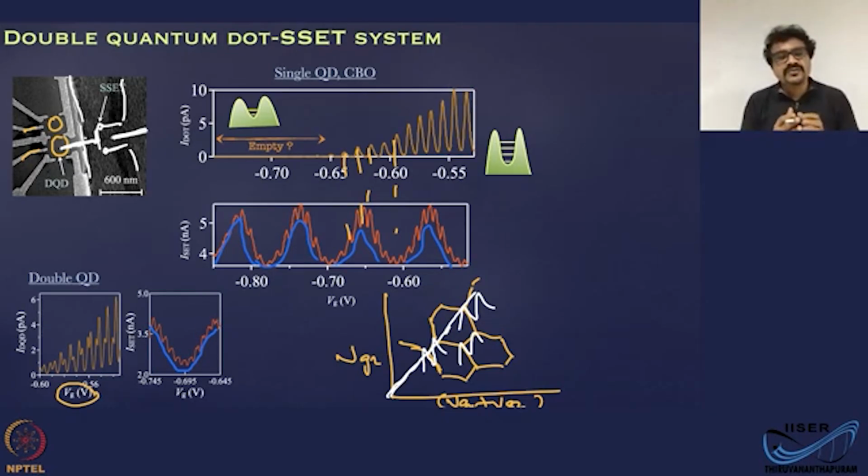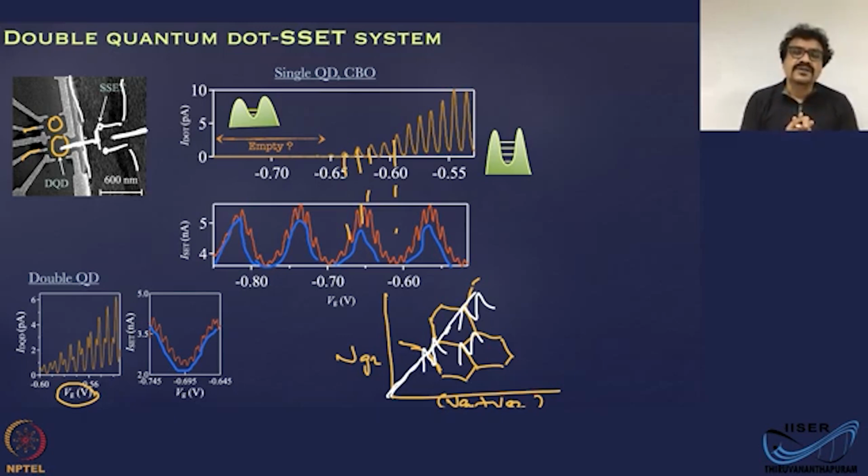Okay, so in a nutshell, so far what we have discussed is the charge sensing using a single electron transistor. Single electron transistors can come in normal, superconducting, semiconducting, semi-metal, whatever format, whatever system, okay.